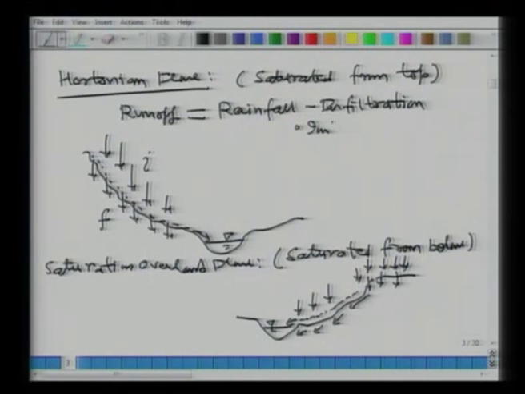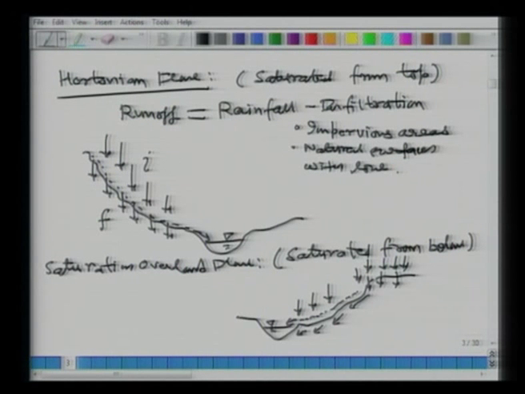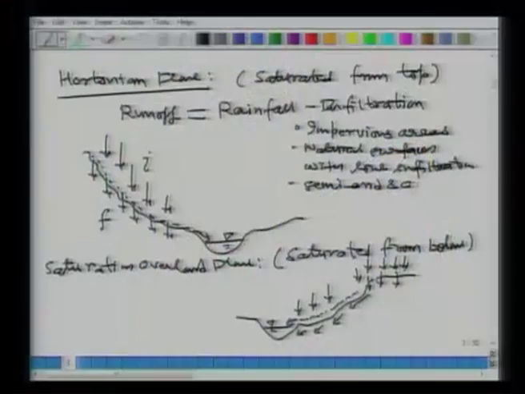Okay, the Hortonian overland flow is applicable to impervious areas or natural surfaces with low infiltration capacities. These types of conditions will be available in semi-arid and arid areas.